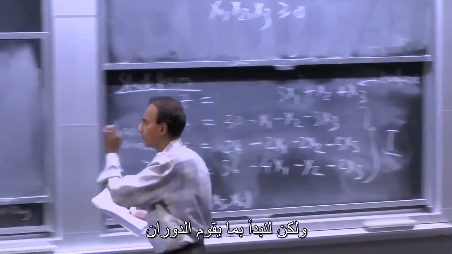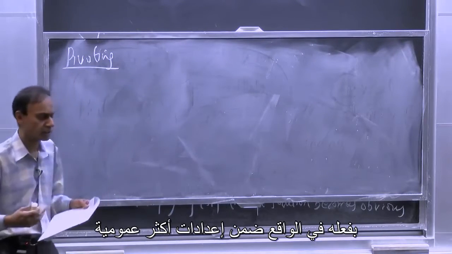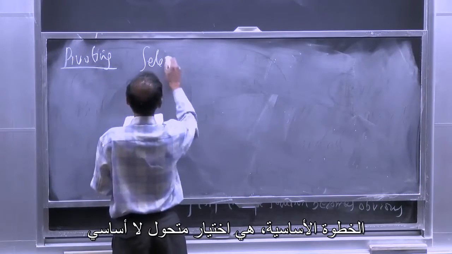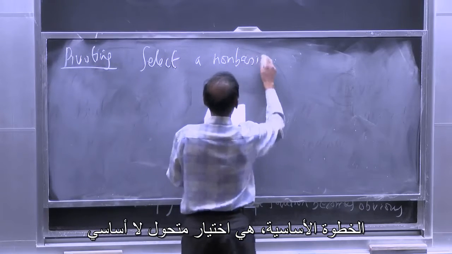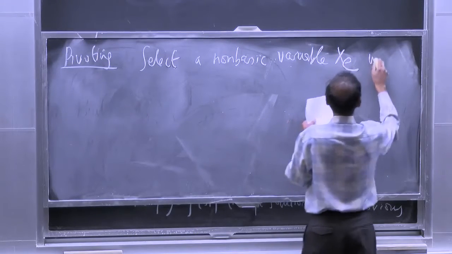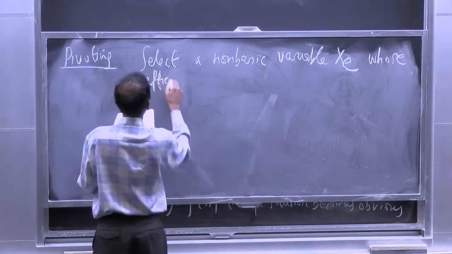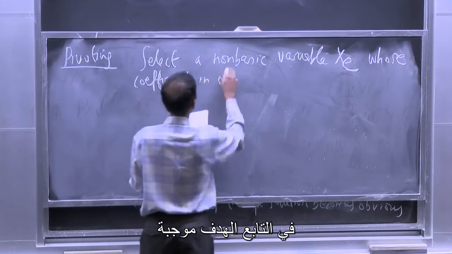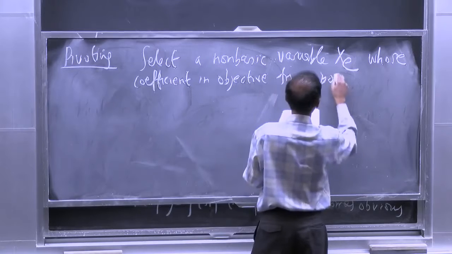But let's just start with what pivoting actually does in a more generic setting. The basic step is to select a non-basic variable, let's call it x sub e, whose coefficient in the objective function is positive.